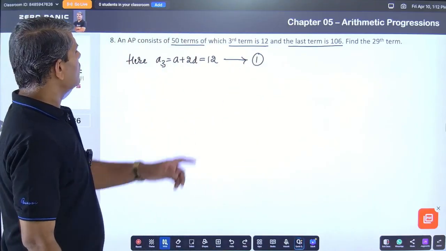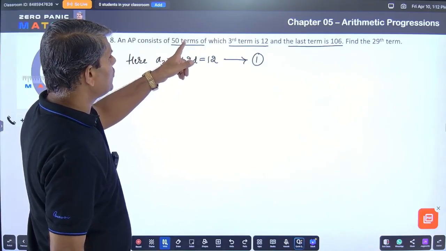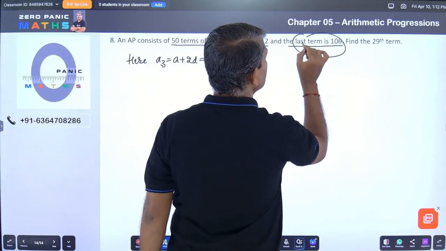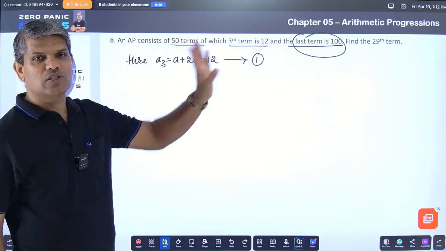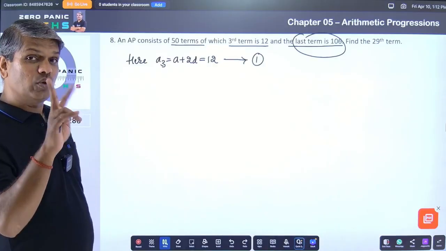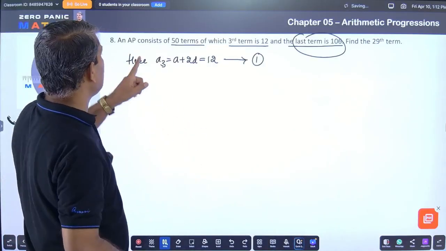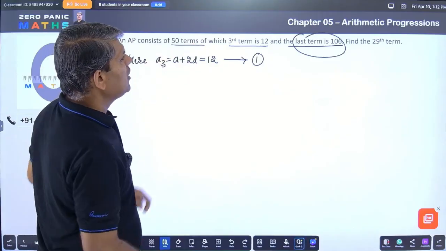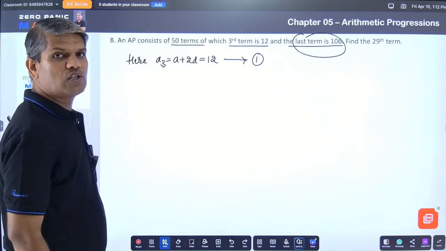Now since they are saying there are totally 50 terms, and also they are saying the last term is 106, what does it mean? A50 is 106, right? There are two different conditions they have given, and one piece of information out of that we can get. An AP consists of 50 terms, and the 50th term is the last term, and the 50th term is 106.